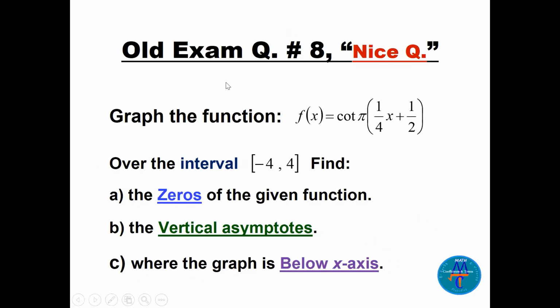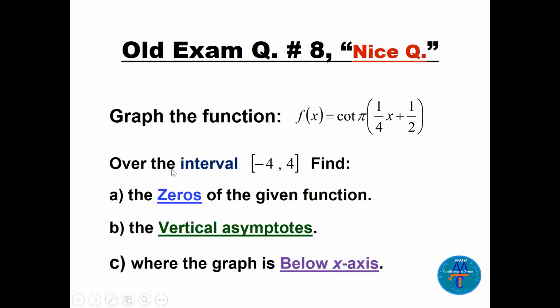Now, this is really nice. We have 4 things to do. Graph the function. See, I did not put here a, b, c, d. Graph the function, this is like a bonus. The function f of x equals cotan of pi times (1 over 4 x plus half). This is the whole cotan function.